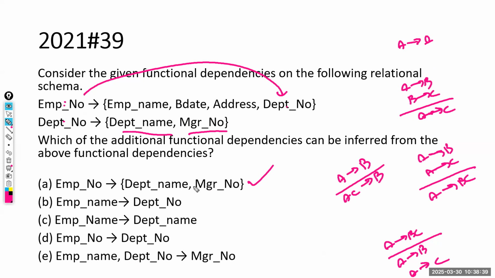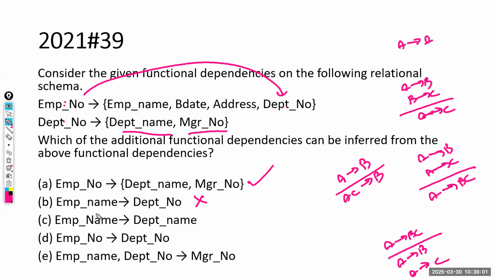Second one, employee name determines department name. Now, that is not the case because employee name is on the right side. X determines Y doesn't mean Y determines X. Department name is not on the left side of anything, so we can't say anything like that.